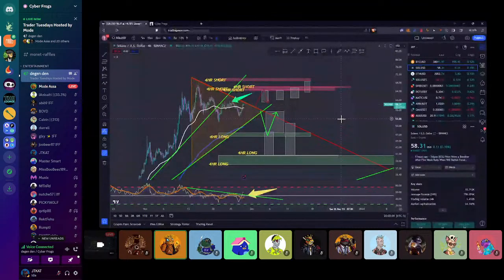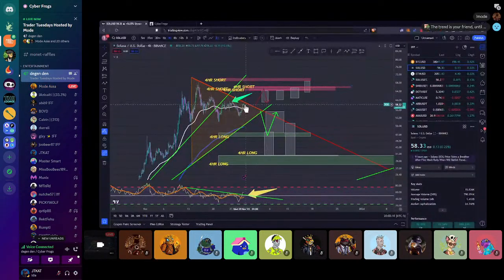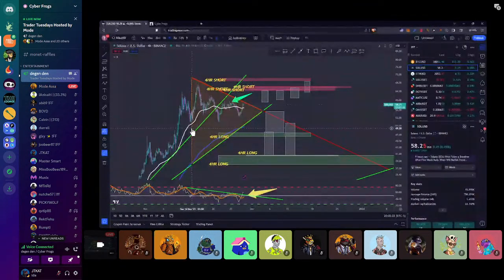If you just go in right now, you're almost a 50-50. We could find support and keep pumping, or we could find resistance and dump. So that's why you need to make sure you manage your risk for either side. And ultimately, what we're looking for is this downtrend.